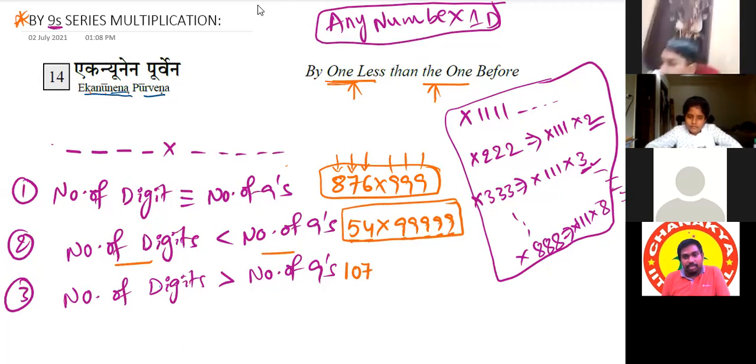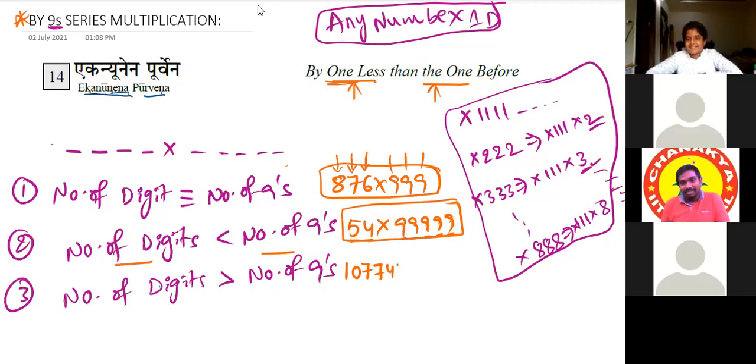Here the number of digits is 5, but the number of nines is 3. So it comes under this category.